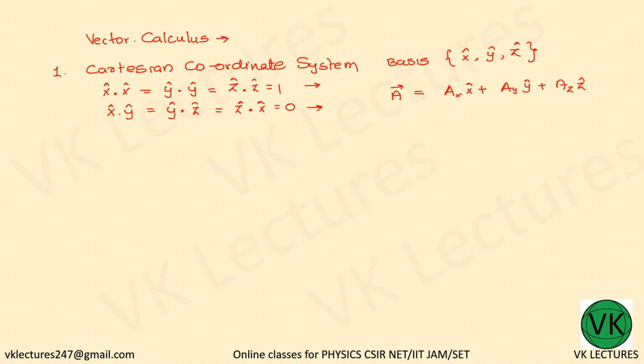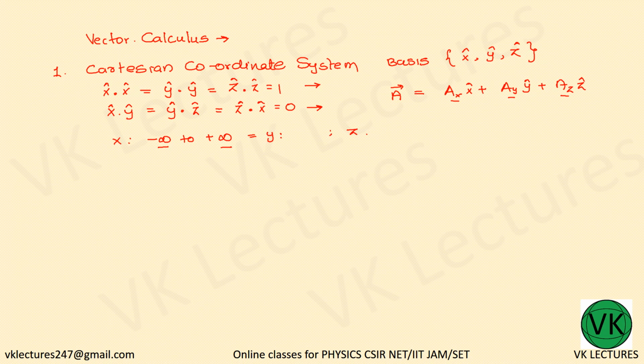These Ax, Ay and Az are the x, y and z coordinates, and the range of x is from minus infinity to plus infinity. Similarly for y and z, all are from minus infinity to plus infinity.